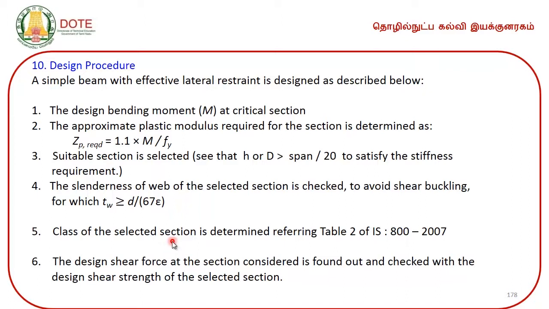Classification of the section selected: class 1, class 2, class 3 and class 4, that is plastic, compact, semi compact and slender, by referring to Table 2 of IS 800:2007. And the next step is to find the design shear strength at the section considered, and this design shear strength is compared with the design shear force.